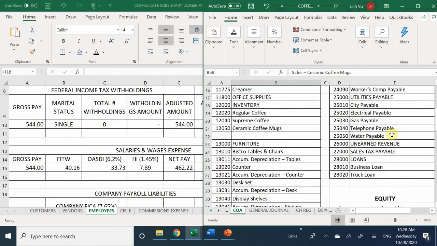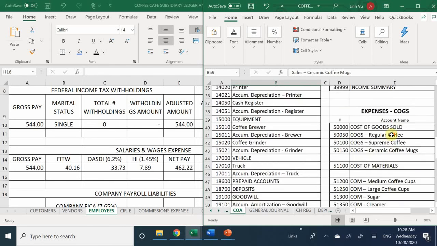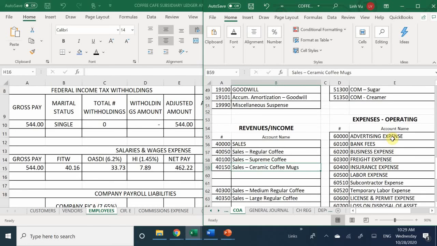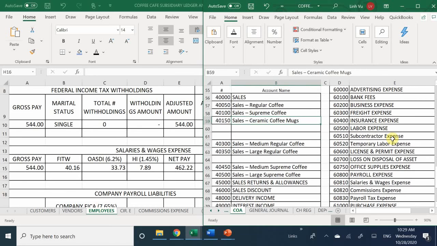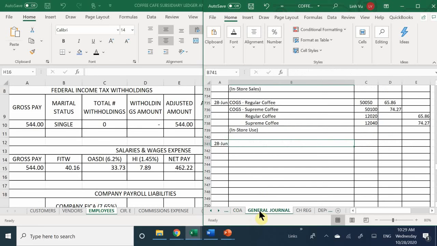Good. So here I'm going to double check what the account number looks like. What's the account number? 6810. Good. 6810 is going to be my salaries and wages expense.